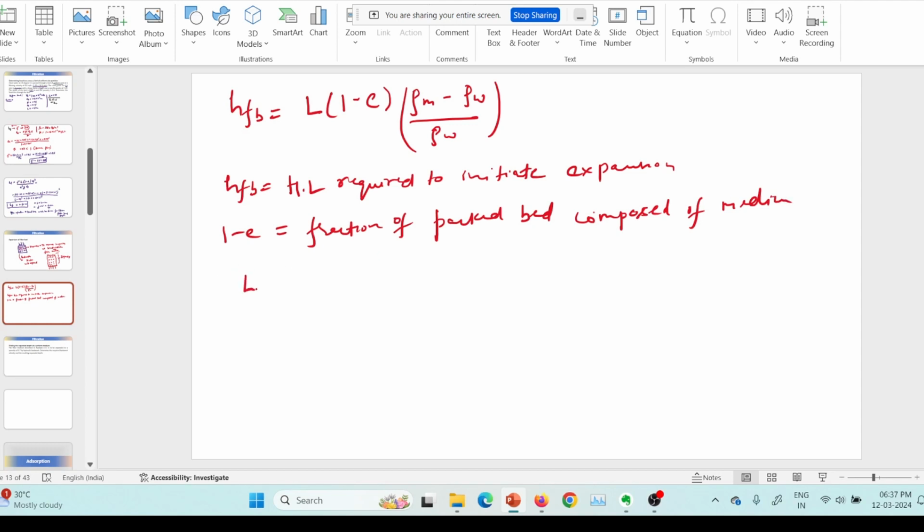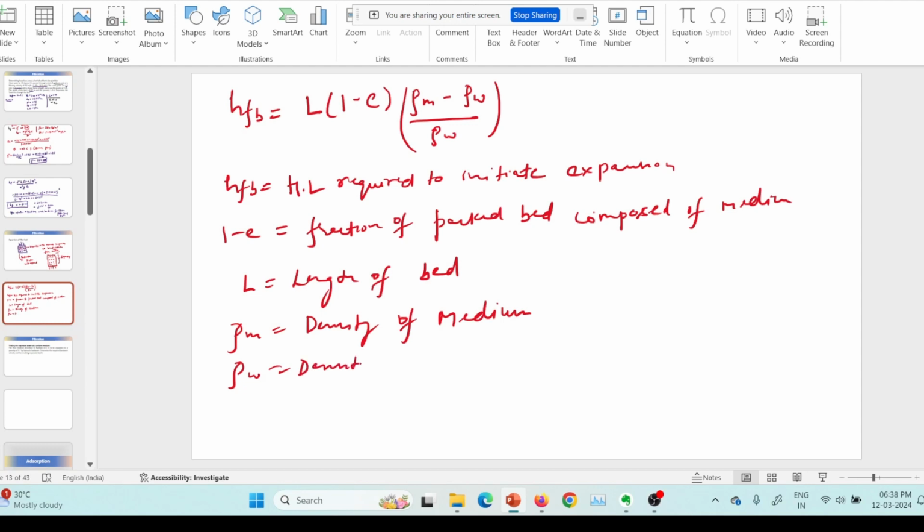L is the length of bed before expansion. Rho m is the density of medium, and rho w is the density of water.